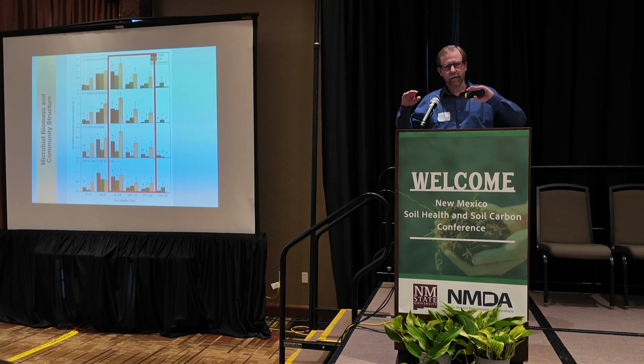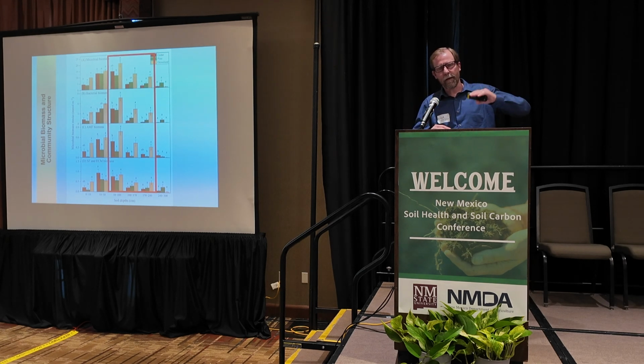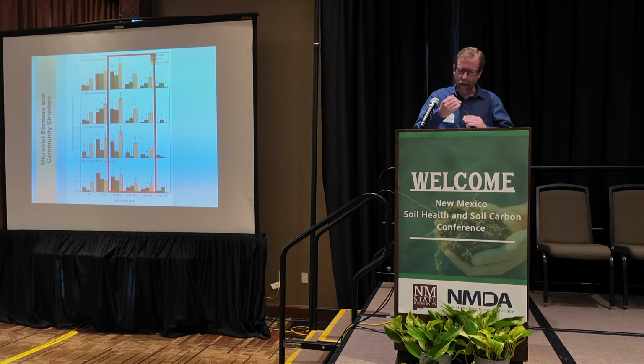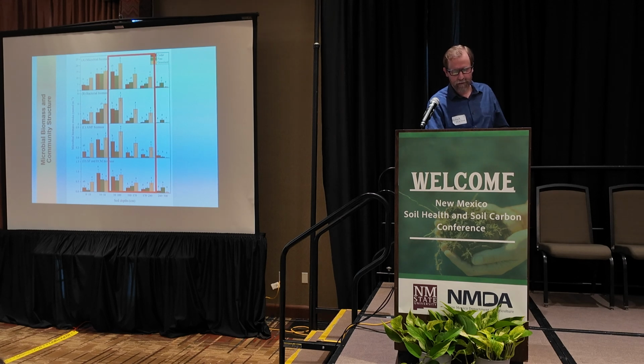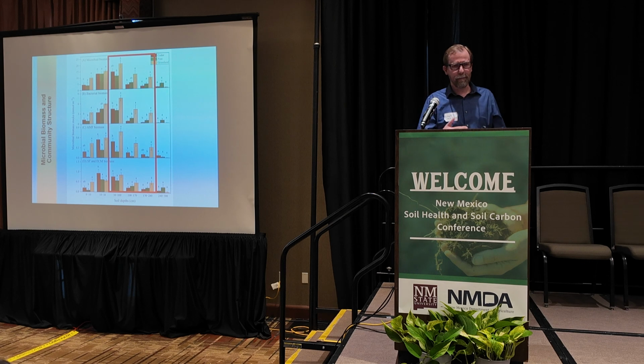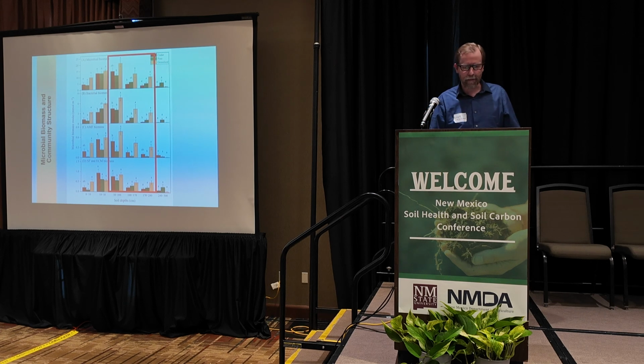That the forest reduced the microbial biomass in the topsoil. Therefore, we have reduced carbon in the... no, the other way around, I'm sorry. So we have a higher microbial biomass in the subsoil from the grassland. So that would at least explain in part why we see a higher total organic carbon storage in the subsoil under the grassland.